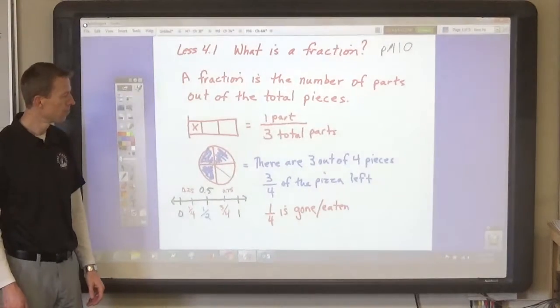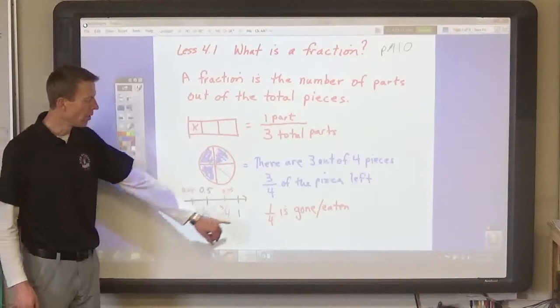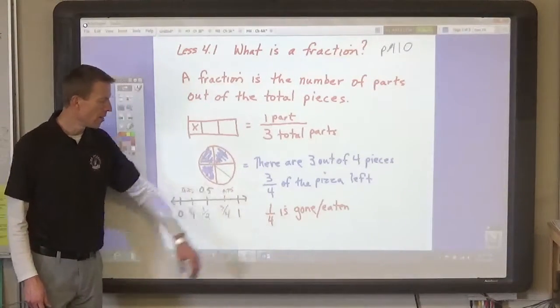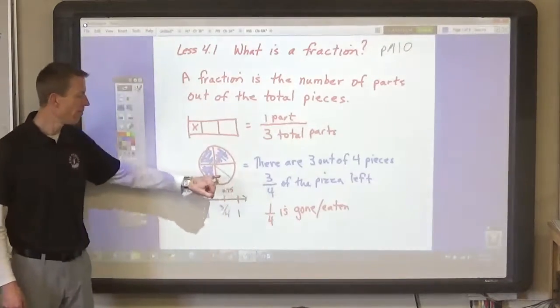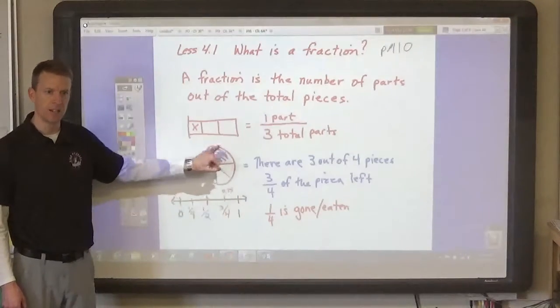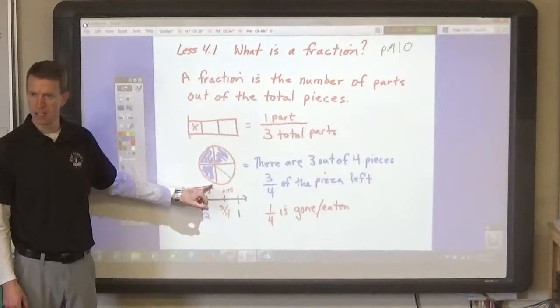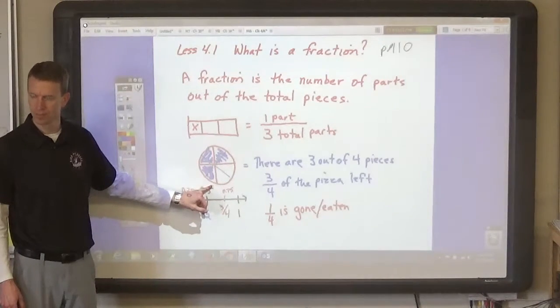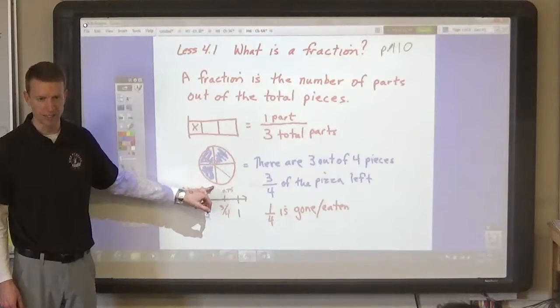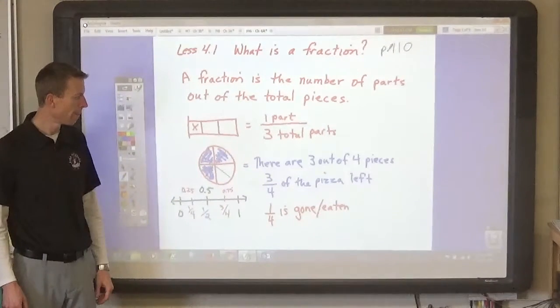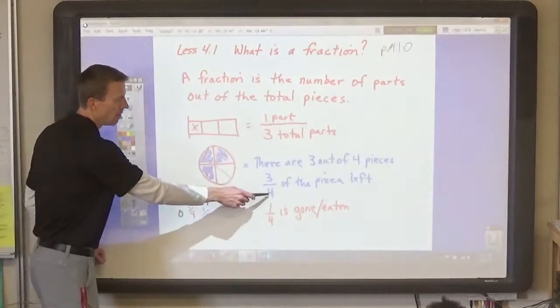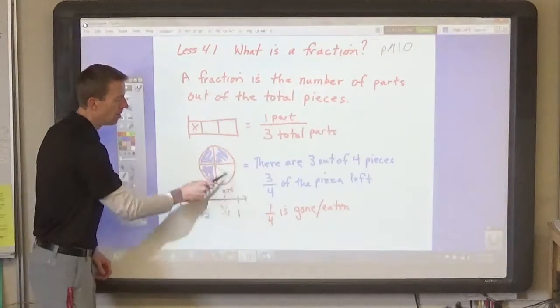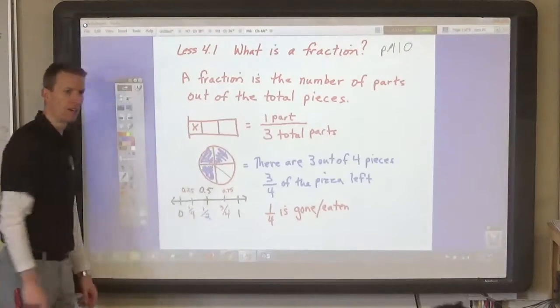Or you could answer the question, how many have been eaten? 1/4 of it has been eaten. Does that make sense? Nod your head if that makes sense. Okay? Good.